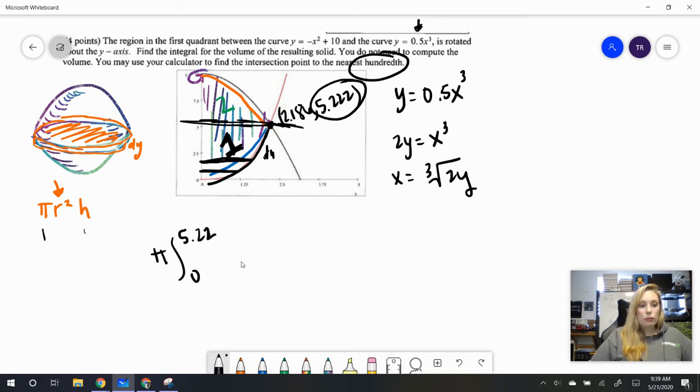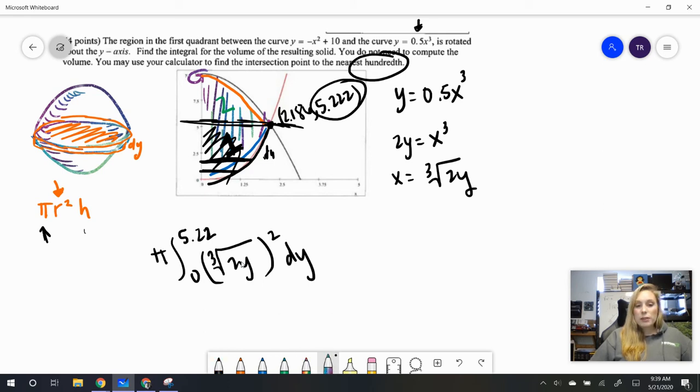So we have the pi out front. Now we need the radius. We just figured out that the radius is the cubed root of 2y, and we are going to square that because it's radius squared. dy is our height. So that's going to be the volume of the bottom piece of this.